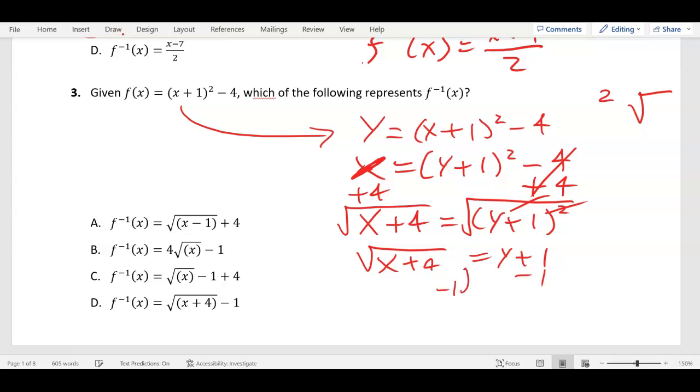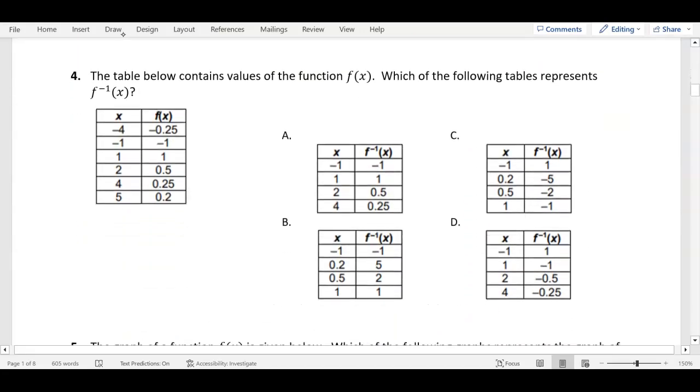And that minus 1 is going to go after the square root sign. Now I write my final answer as an inverse x. So I get square root of x plus 4 minus 1. And that's it.